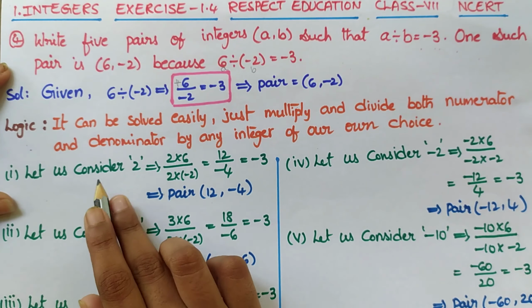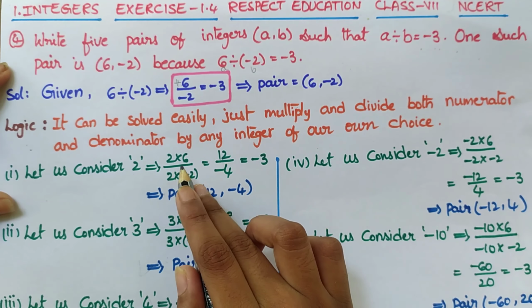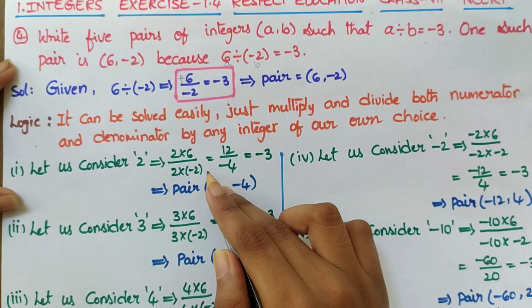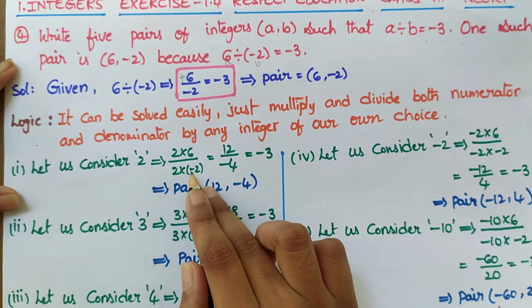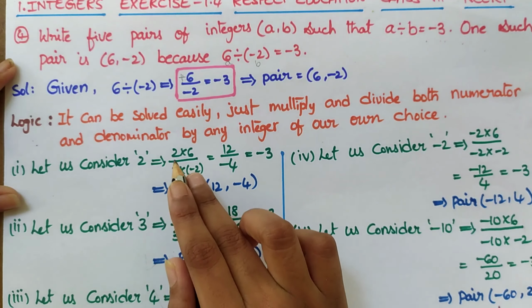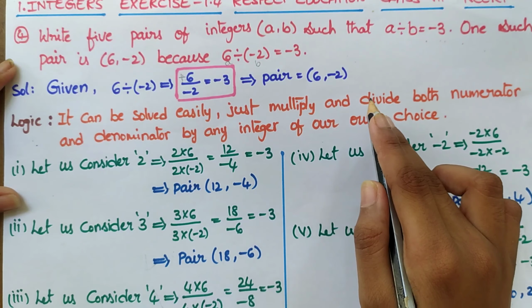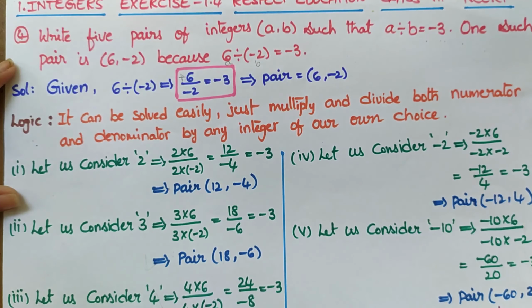Let us consider the integer as 2. Let us take the pair which is given. So it is 2 into 6 by 2 into minus 2. Why have I multiplied with 2? Because we multiply and divide both numerator and denominator by any integer of our own choice.